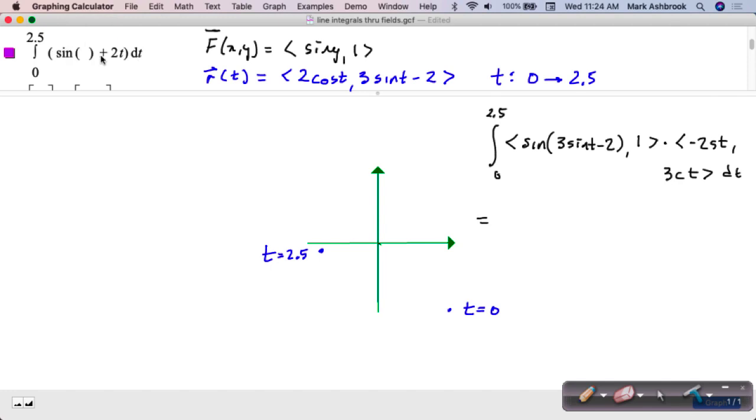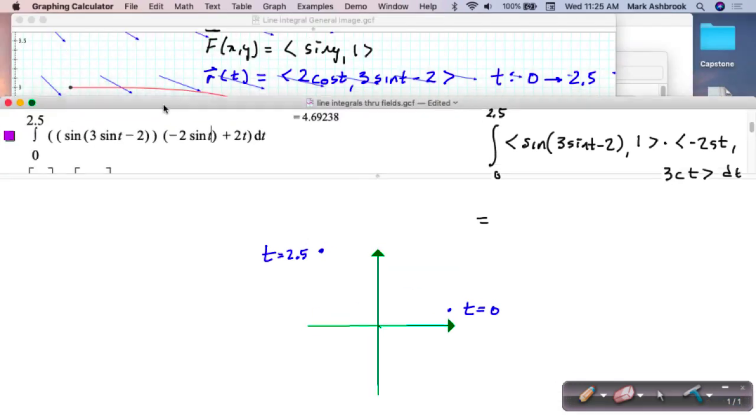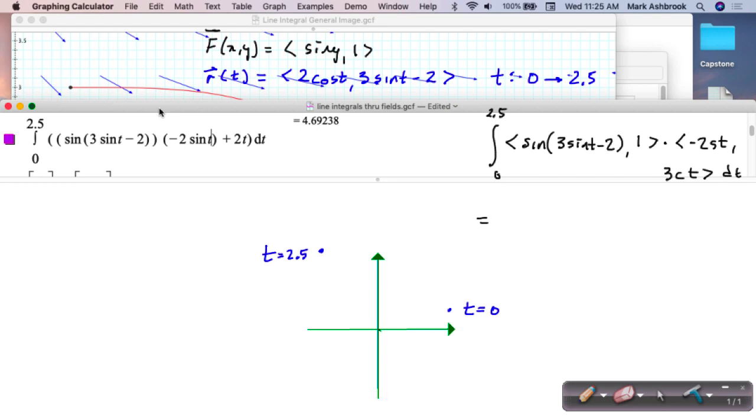Sine of 3 sine t minus 2, and that times negative 2 sine t, plus, is the second part easier, just 3 cosine t, from 0 to 2.5?